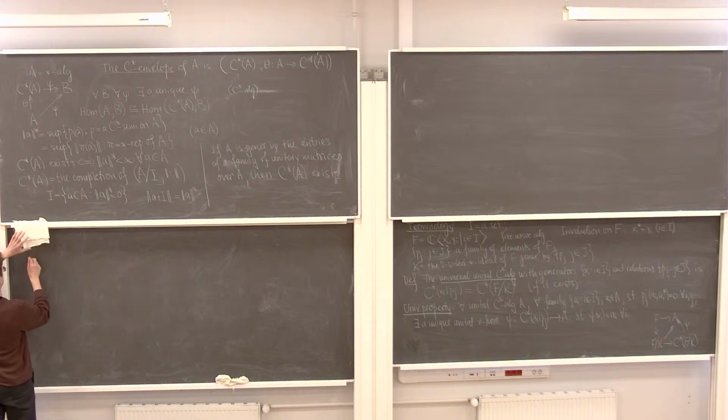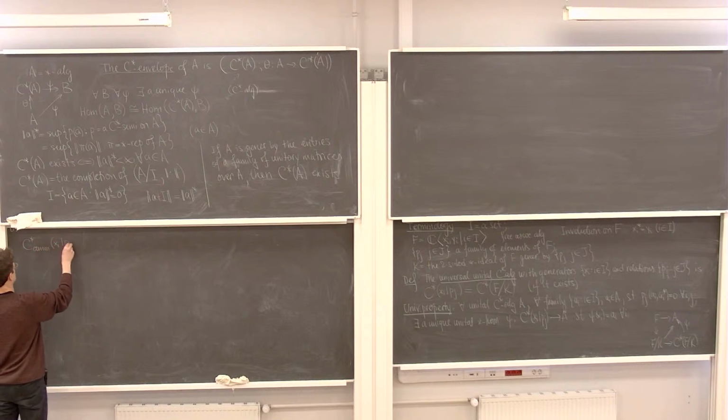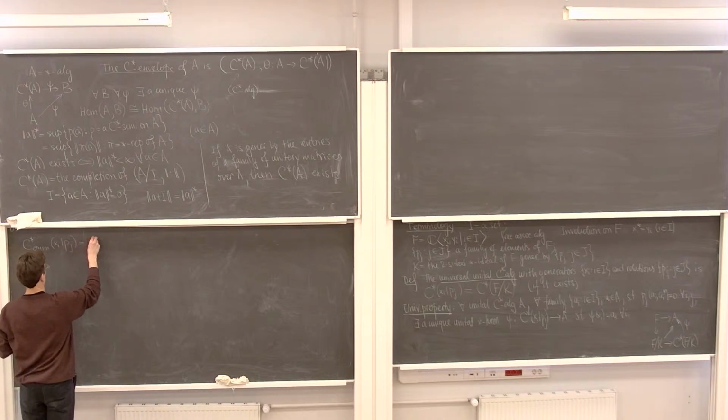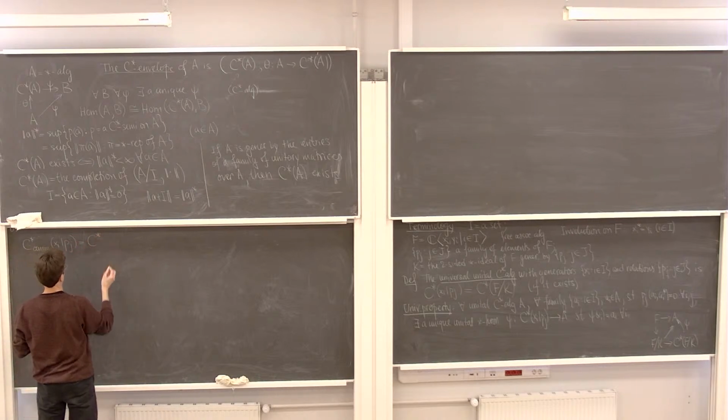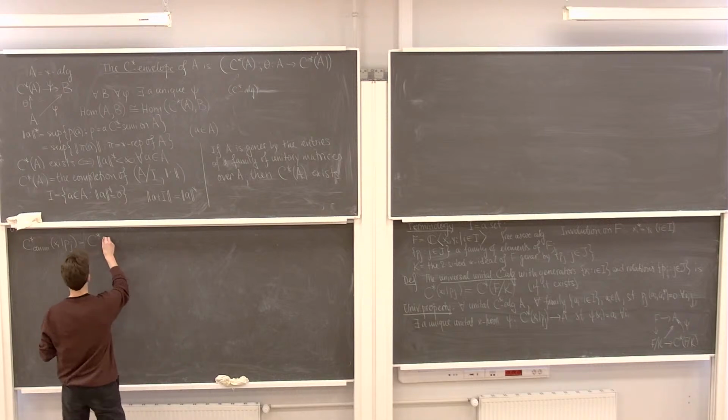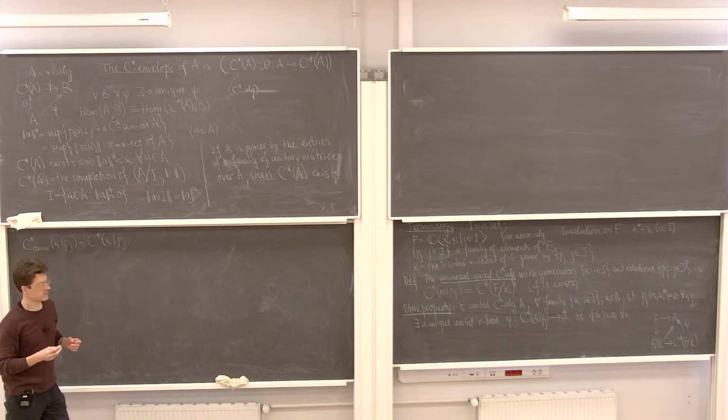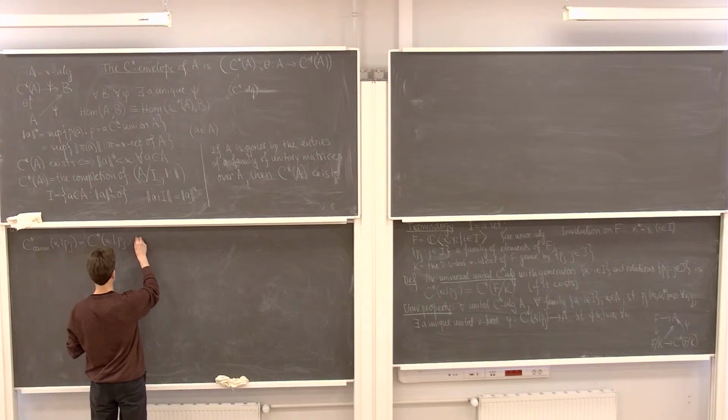We define the universal commutative C-star algebra with generators xi and relations pj to be the universal C-star algebra with the same generators, the same relations, and also with the commutation relations between the generators.